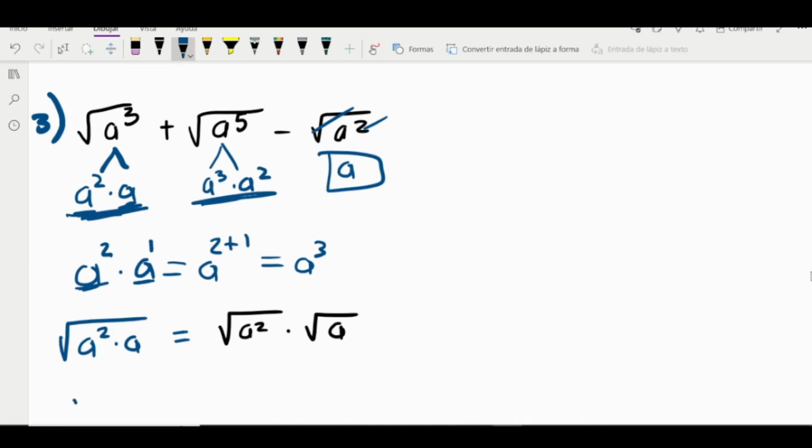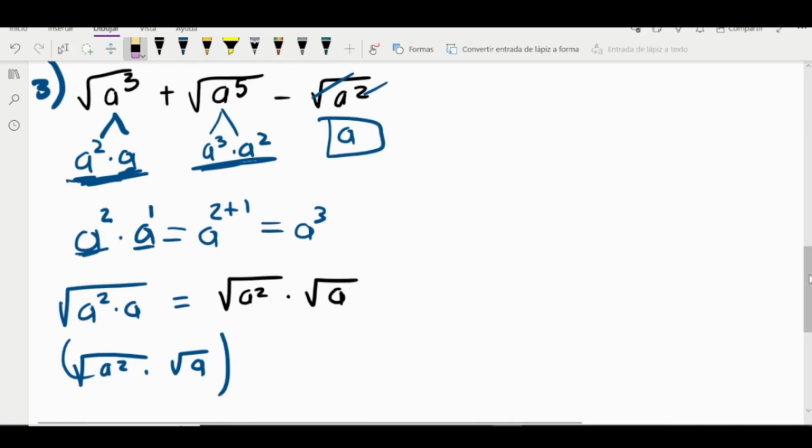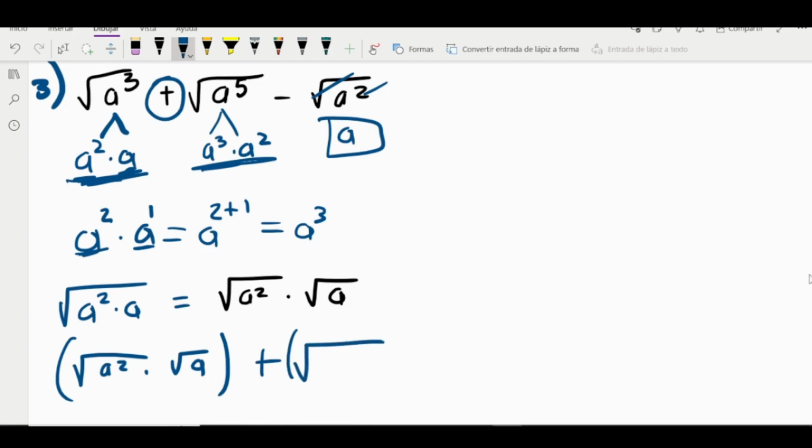So we have a squared times the square root of a, plus, because this is an addition, we split again: in parentheses, the square root of a to the cube times the square root of a squared, and minus a. Now we have this expression.